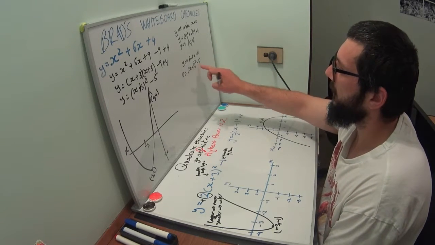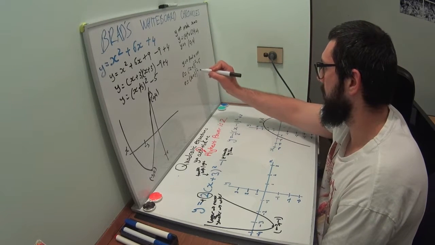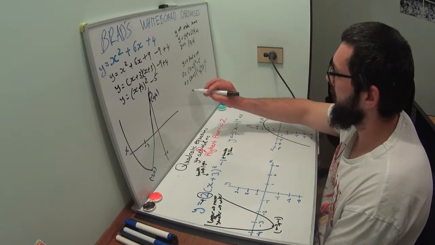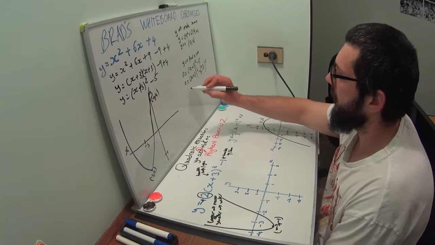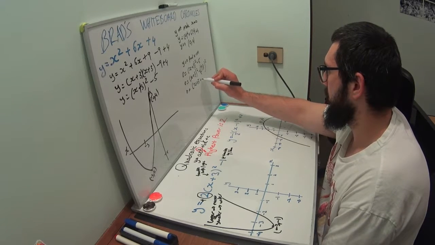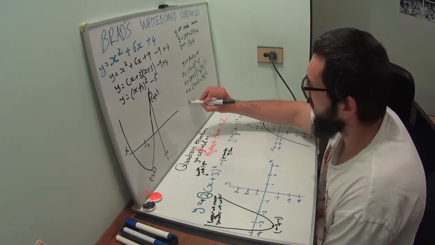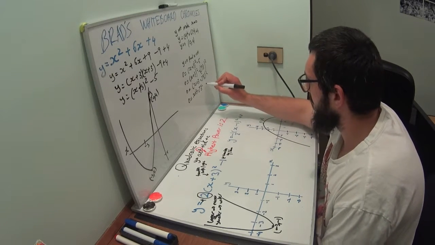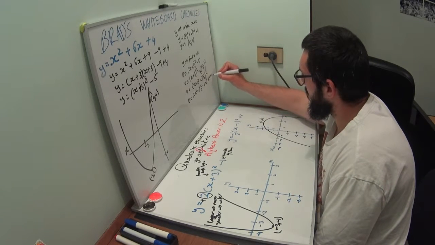So I can manipulate this -5 to make it look like that. So now because I've got squared here and a squared here, I can put all that into a single set of brackets. Right? So then I can say 0 equals x plus 3 minus the square root of 5, and x plus 3 plus the square root of 5.